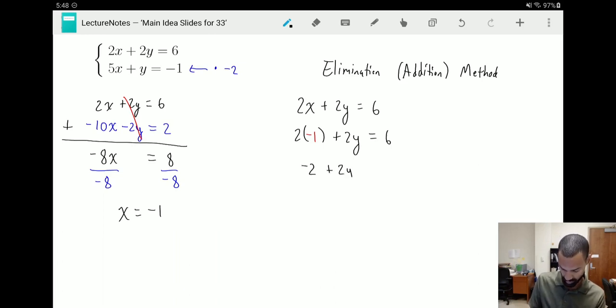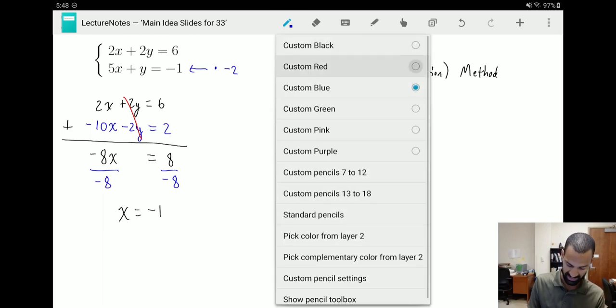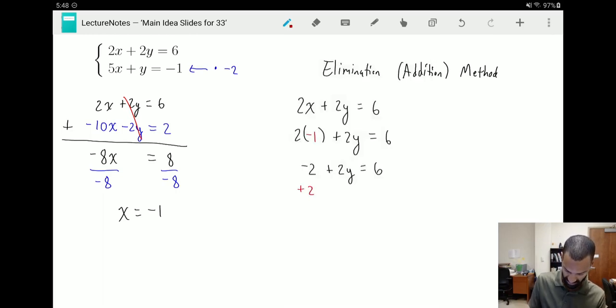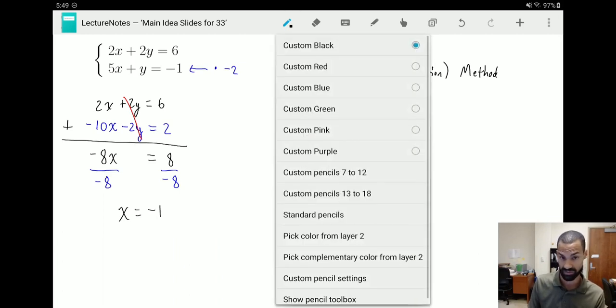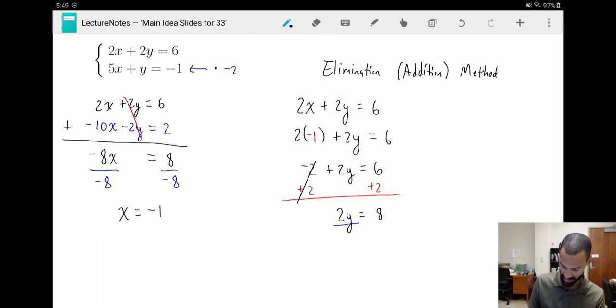So negative 2 plus 2y is equal to 6. Let's add 2 to both sides. Those will cancel. 2y equals 8. Divide both sides by 2.